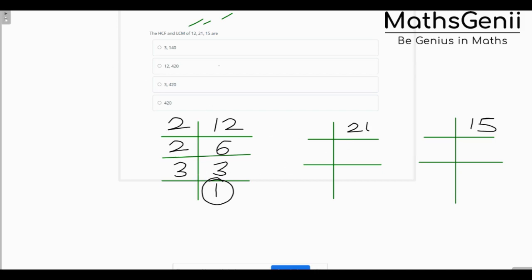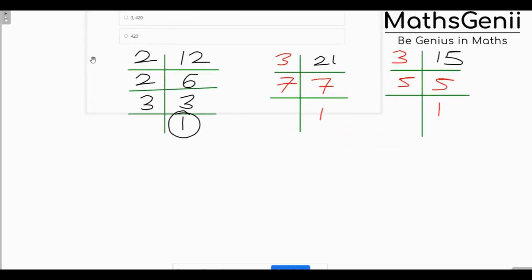So let's solve for 21. 21 comes in which table? 2 table? No. 3 table? Yes. 3 sevens are 21. 7 comes in which table? Only the 7 table. Now 15. 15 comes in the 2 table? No. 3 table? Yes. 3 fives are 15. 5 comes in which table? Only the 5 table.